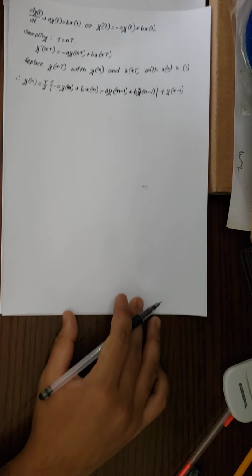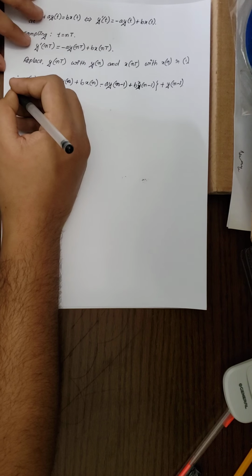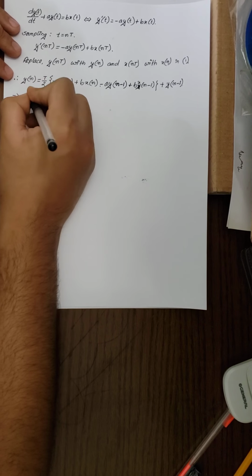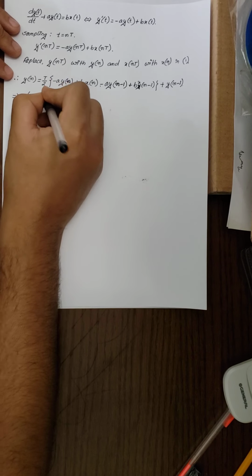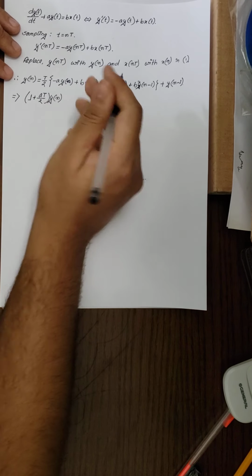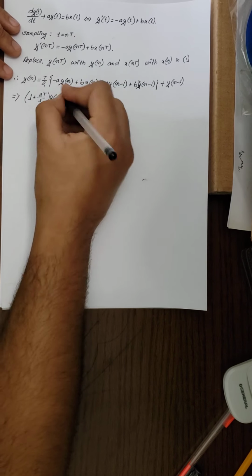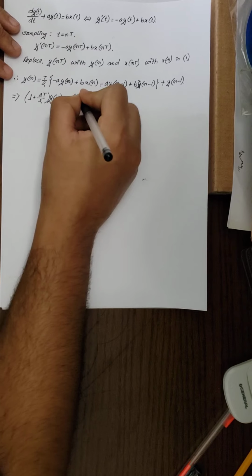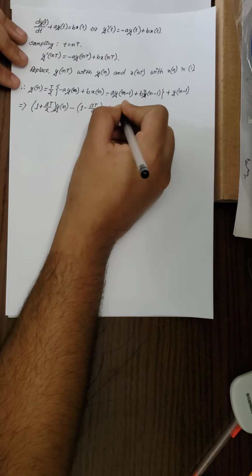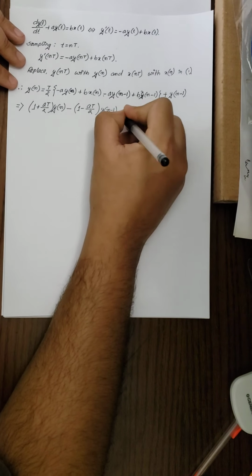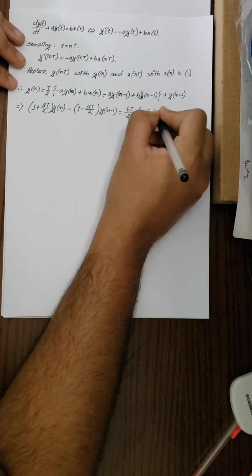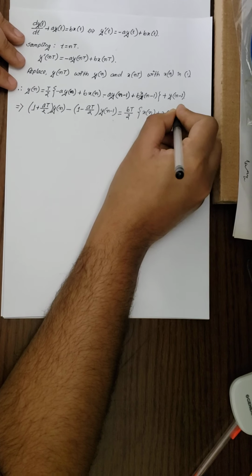So now we are going to further simplify this. So by simplification, what we are going to do is aT over 2 y of n, taking all the y of n terms out, minus 1 minus aT over 2 y of n minus 1 is equal to bT over 2 times x of n plus x of n minus 1.